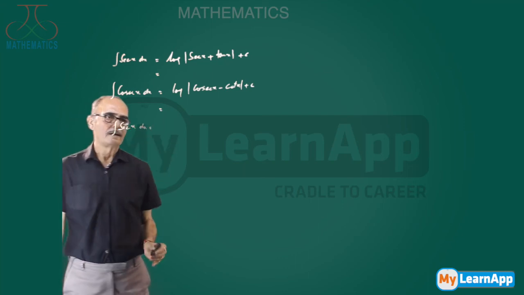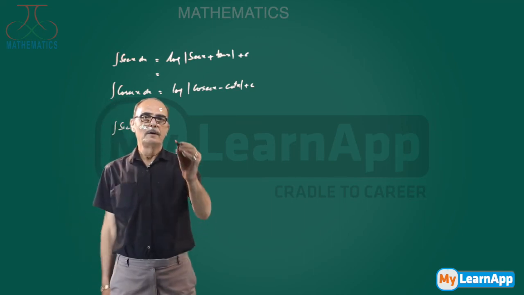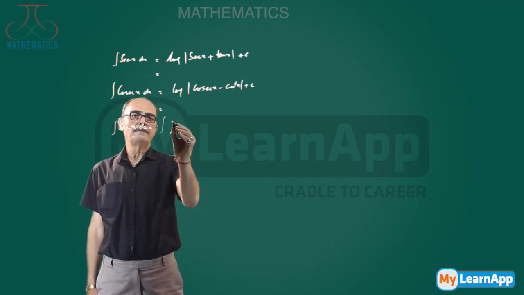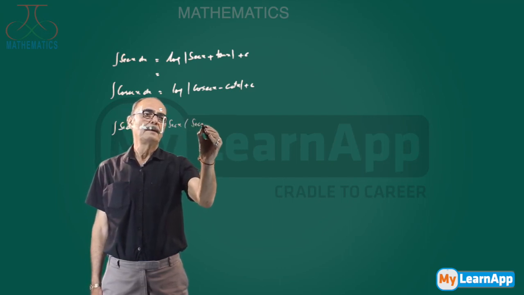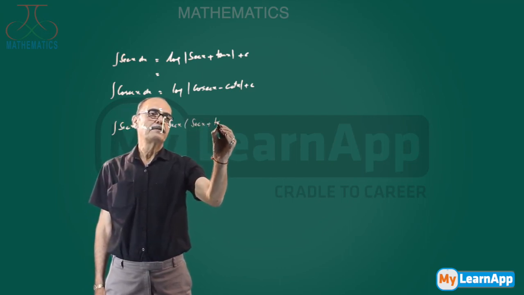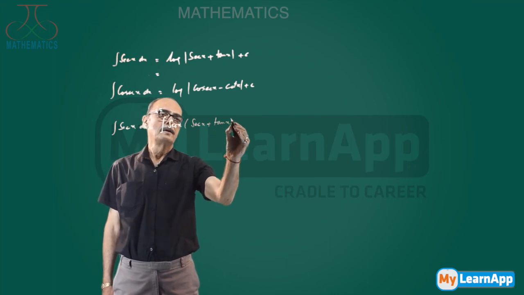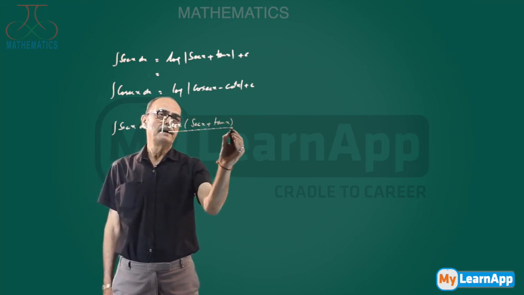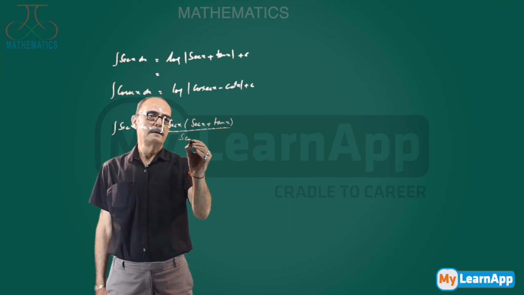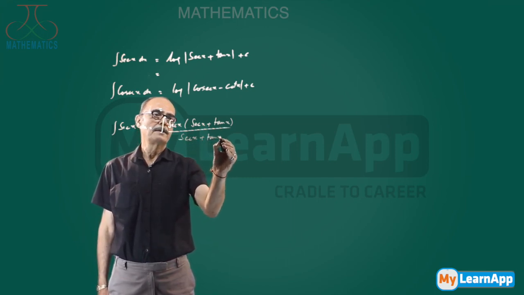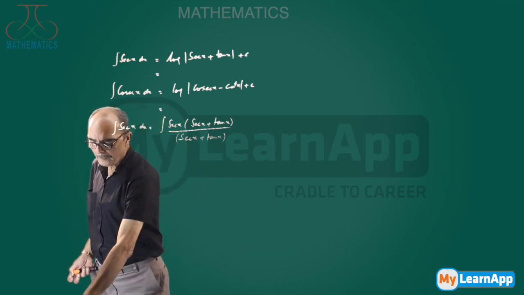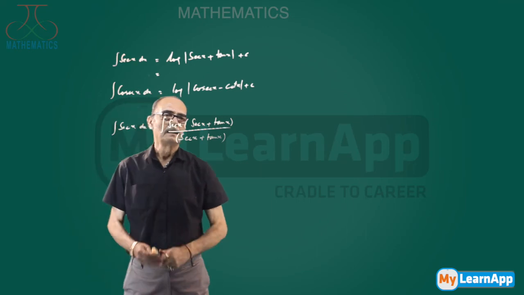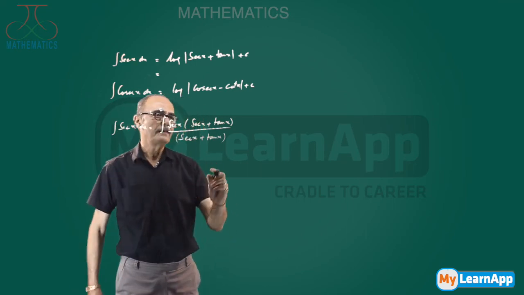Well, the integral of secant x multiplied by secant x plus tan of x, and divided by secant of x plus tan of x, d of x.